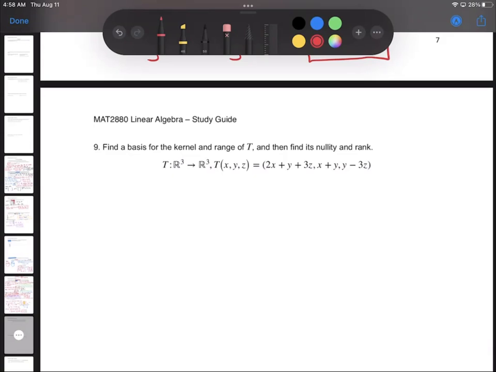Okay, all right. First find the basis of the kernel.